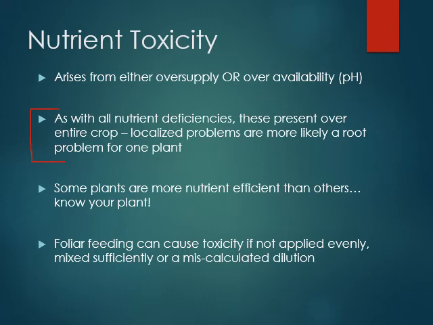So you have to do some detective work when you're looking at problems like that. Whether it's a toxicity or whatever deficiency, you want to make sure logically: is there something unique to this plant? Is the pH wrong on just this plant? Why? What could have gone wrong?